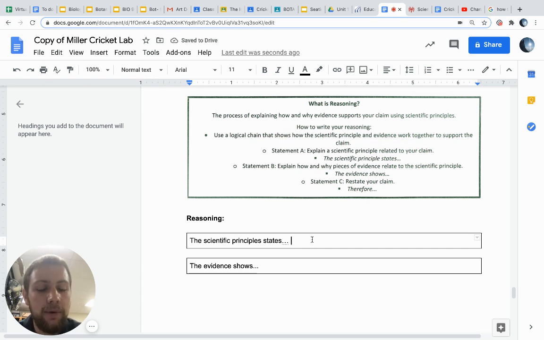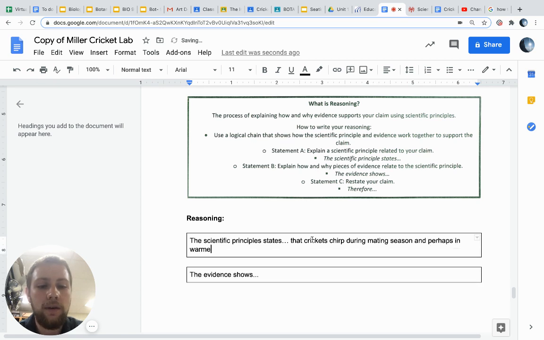The scientific principle states that crickets chirp during mating season. So how might temperature impact mating season? Perhaps in warmer temperatures, they are more active or mating more frequently. This is just one possible response. I'd like you to pick your own.